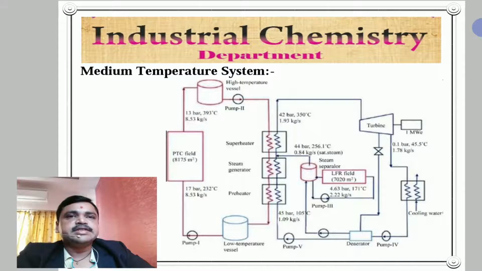Medium temperature systems use line focusing parabolic collector technology. A schematic diagram of a typical solar thermal electric power plant operating on a medium temperature cycle and using focusing parabolic concentrating technology at about 400 degrees Celsius is shown in the figure.